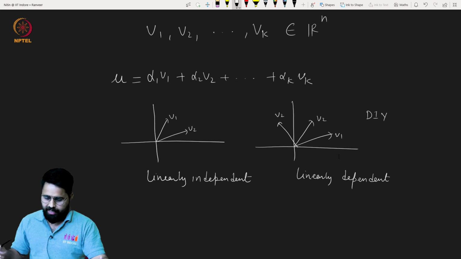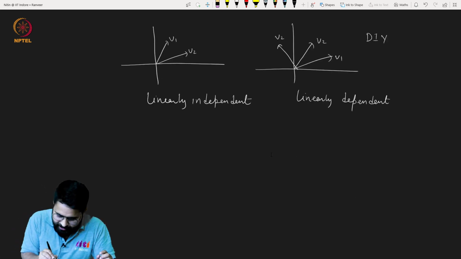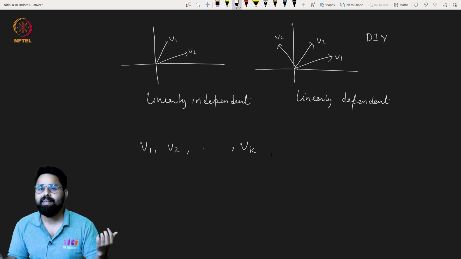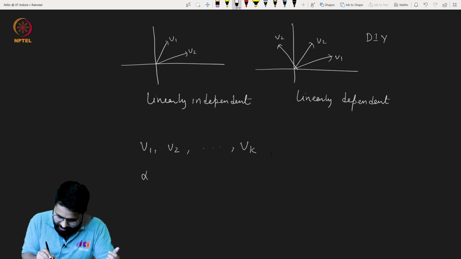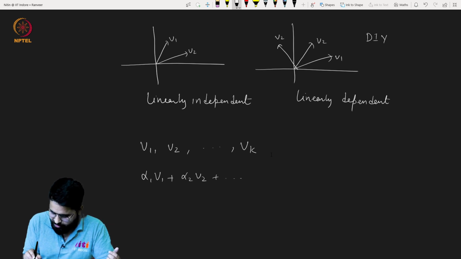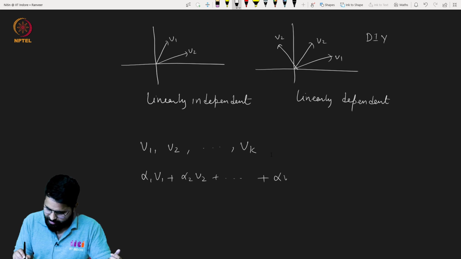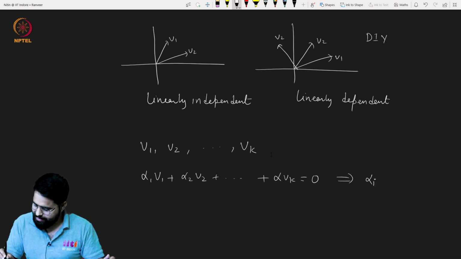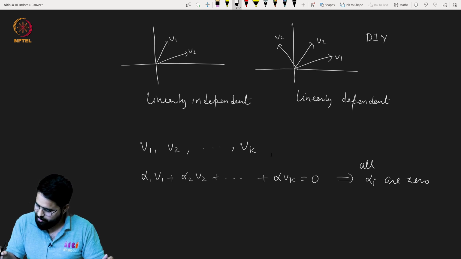We call the vectors v1, v2 up to vk linearly independent when the linear combination alpha 1 v1 plus up to alpha k vk equal to 0 implies that all of these alpha i's are 0.